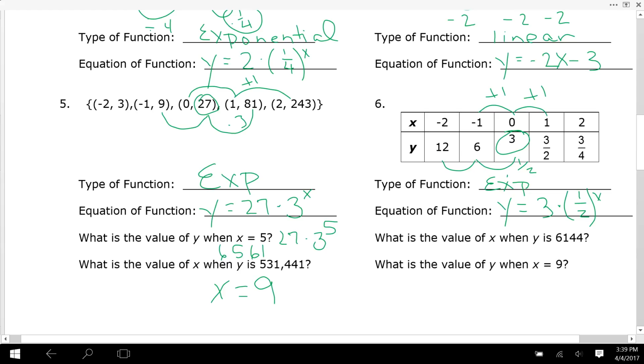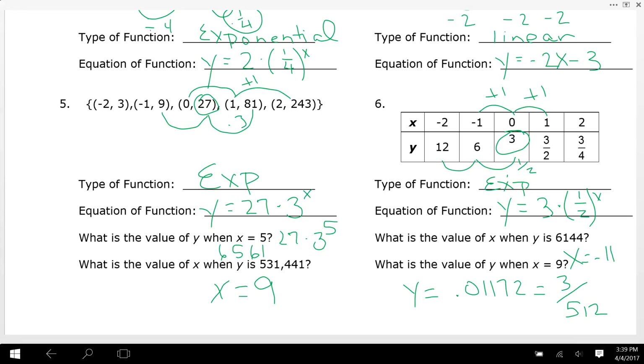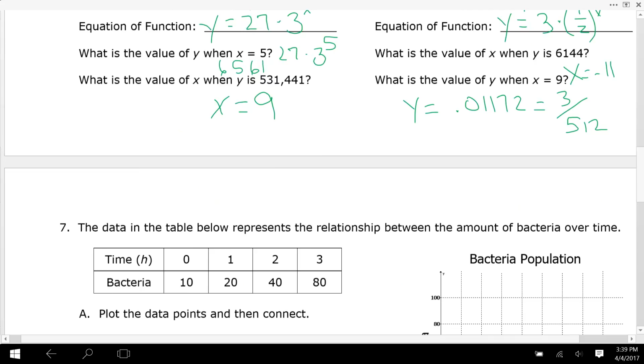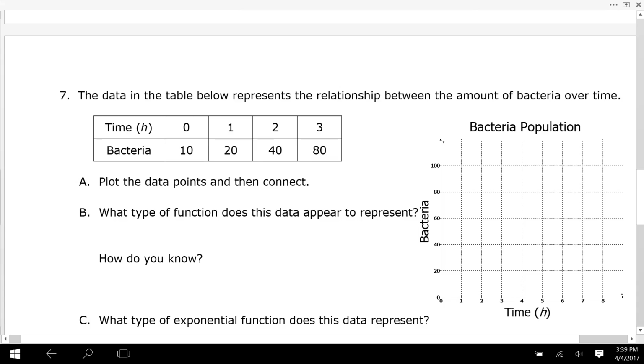When y equals 6,144, x equals negative 11. And either answer is fine. I find fractions to be easier, and I think I changed my calculator so it's always fractions, but either way is fine. It doesn't really matter at this point.